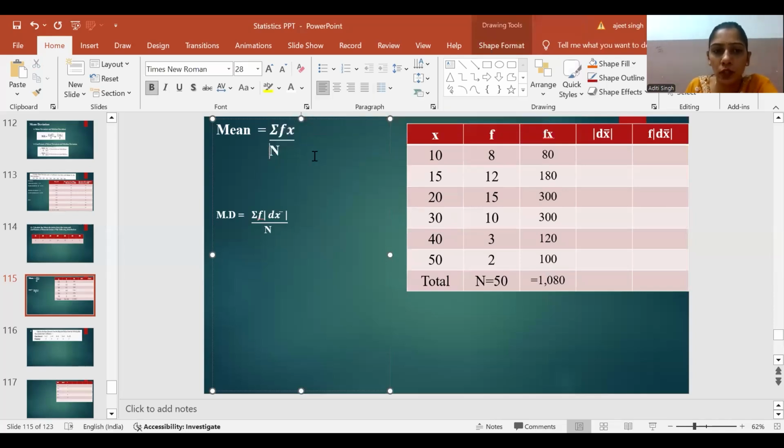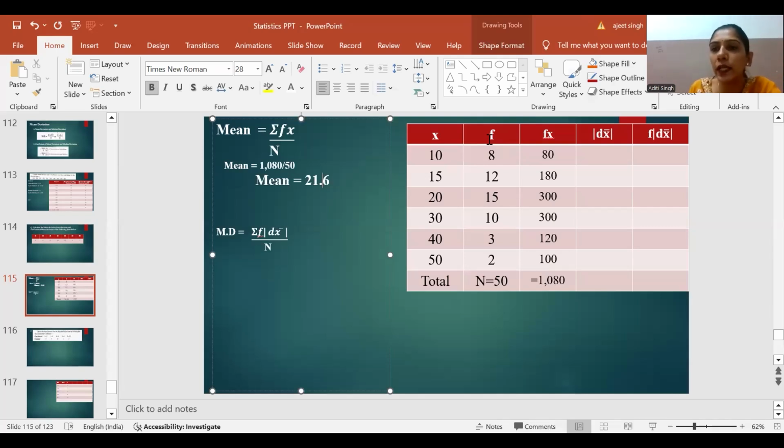Now we will put all the values in this formula: sum of fx, which is 1080, divided by 50. 1080 divided by 50 is 21.6. So mean is equal to 21.6.